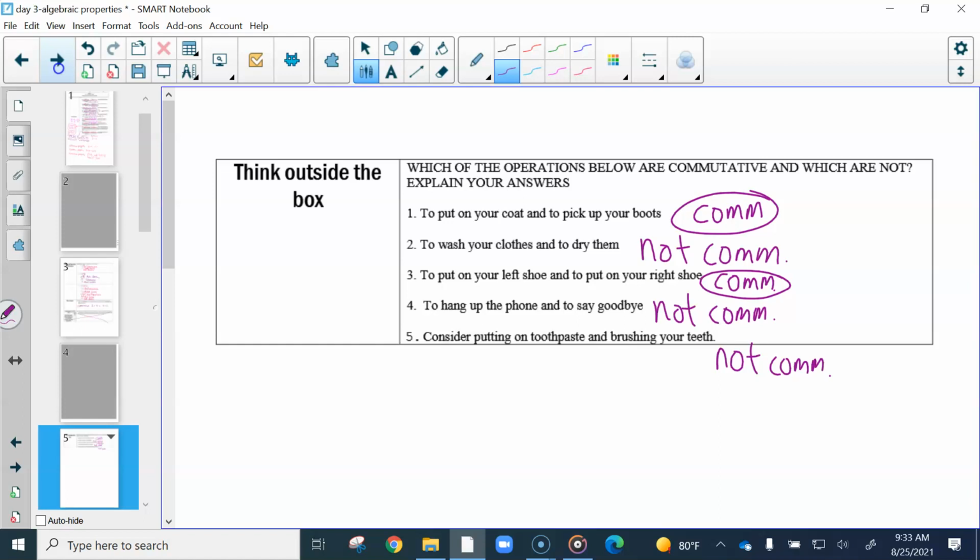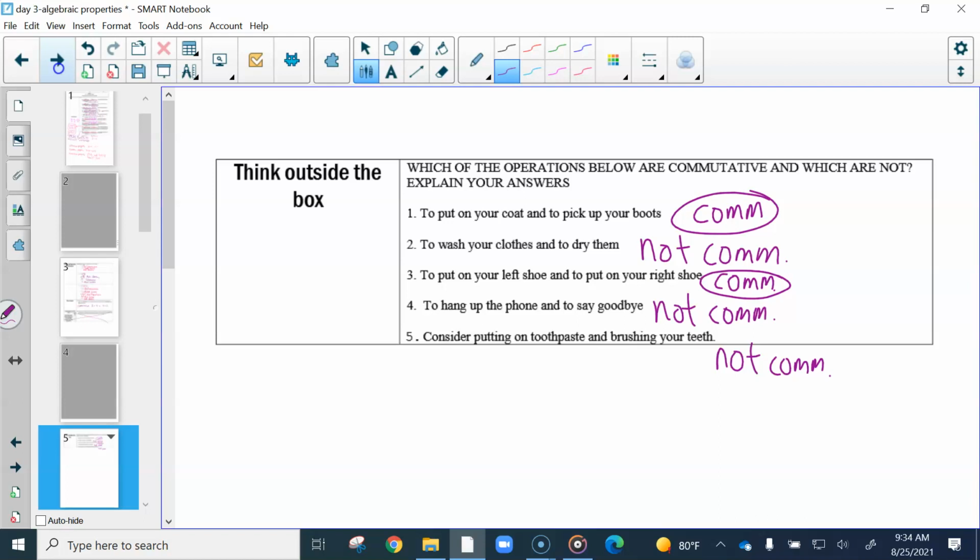Can you think of anything else in real life that is commutative? Felix? The order you put on your clothes. To some extent.